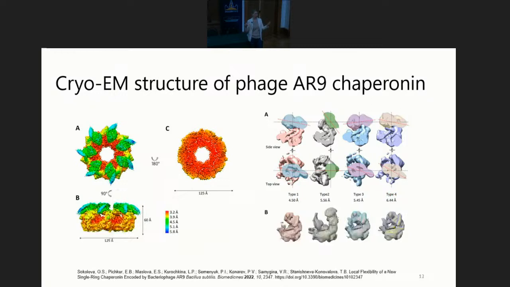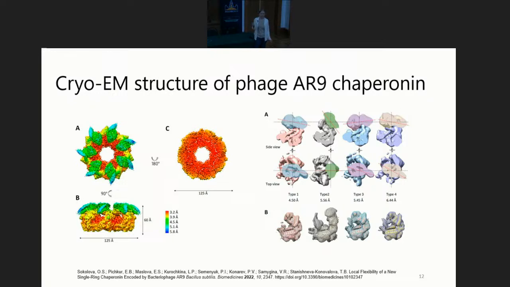So you think that, okay, this is the typical feature of the viral chaperonins, but no. This third viral chaperonin that was also studied in our group is from phage AR9, and this one actually does look more like a single ring of GroEL. It does not have this pattern of alternating subunits. It's a very C7 symmetrical structure. It does not have this breakage of the top hinge, so it looks like basically a single ring of GroEL.